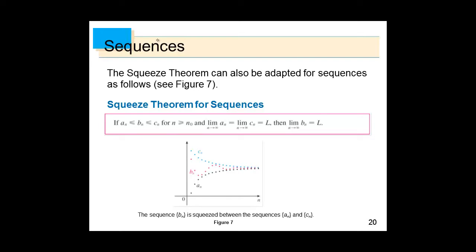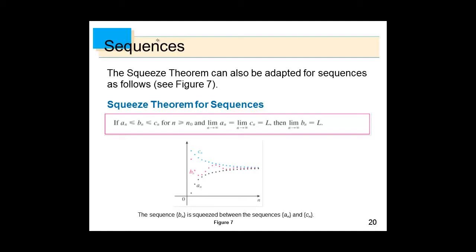And what the squeeze theorem says is, if the lower bound and upper bound have the same limit, then the middle one, b_n, must have the same limit. So if the limit of a_n and the limit of c_n is L, then the limit of b_n must be L as well.